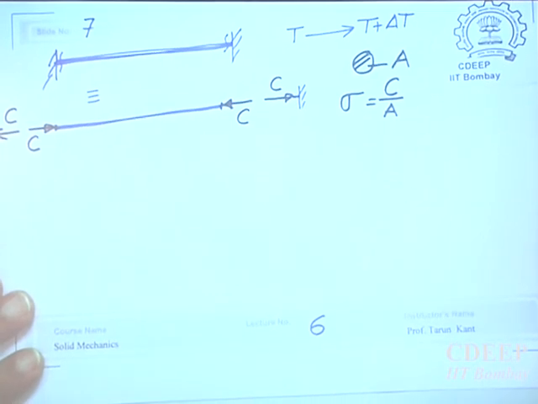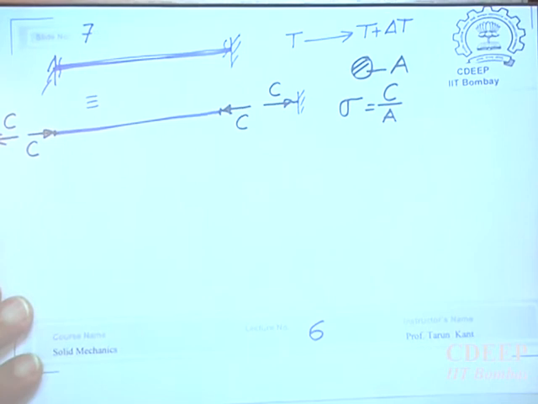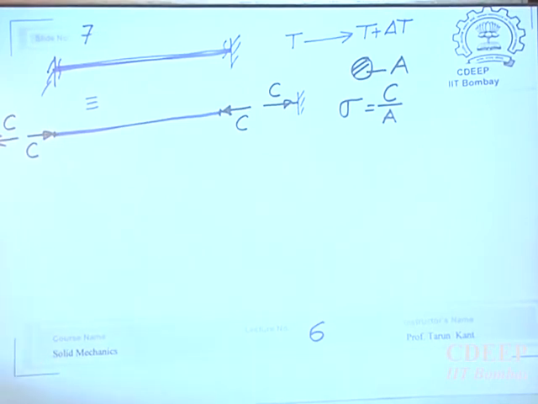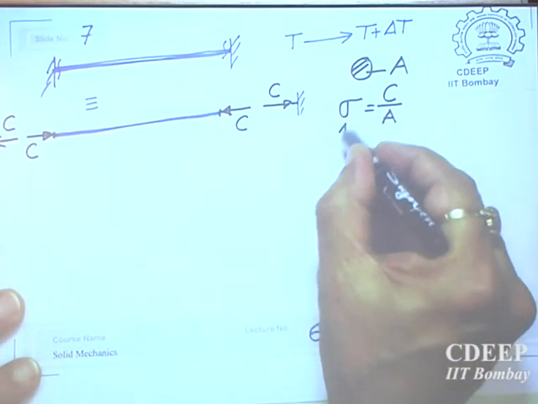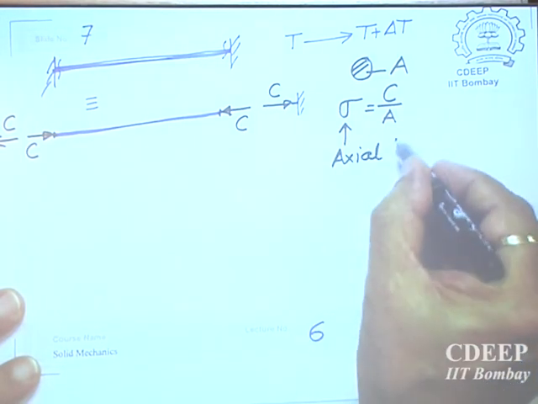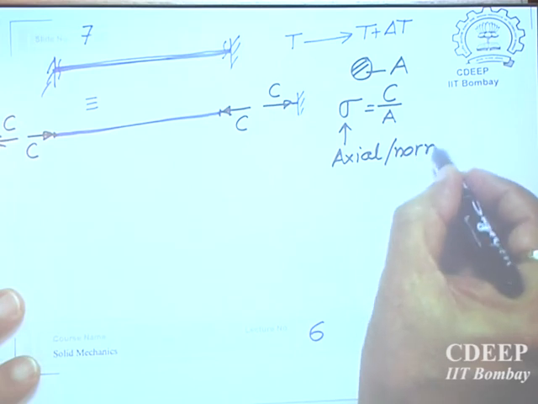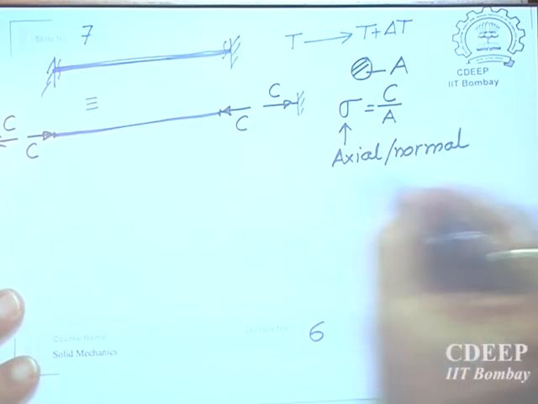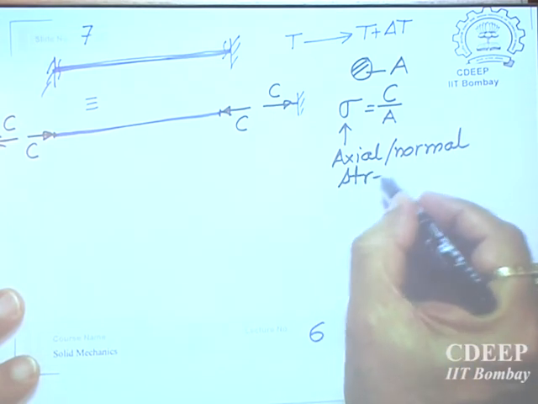So don't try to go into mathematics. A rod is there which is trying to expand, and then you are not allowing it to expand. So this will be stress, and this will be axial stress, normal stress. So there are different names: axial, normal stress, and you can find it out.